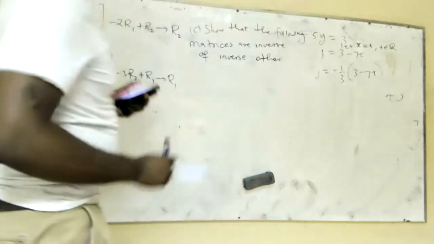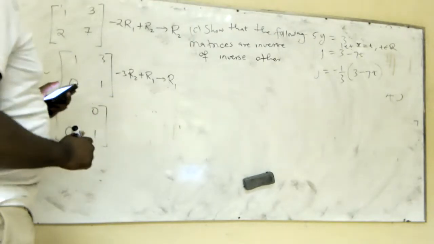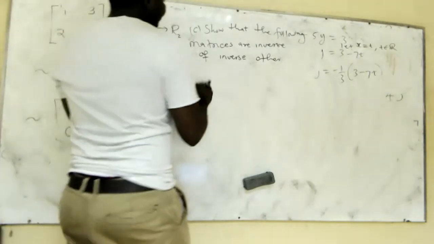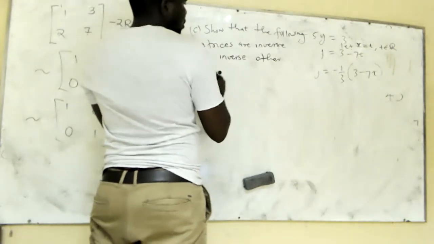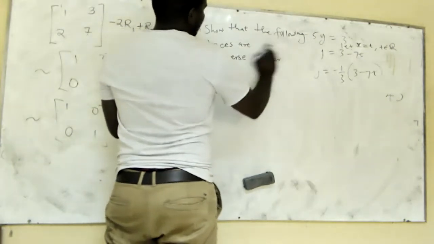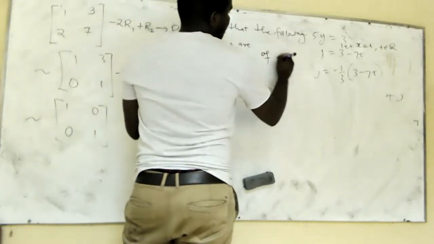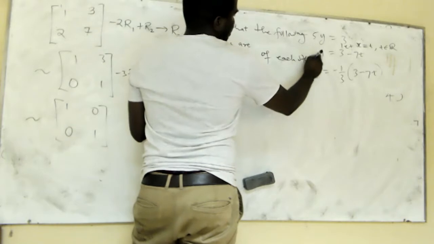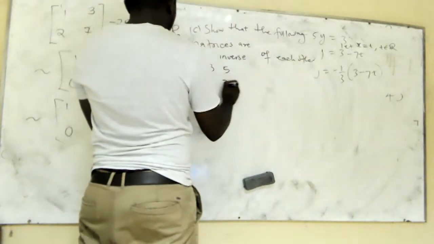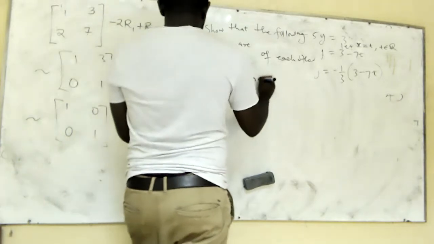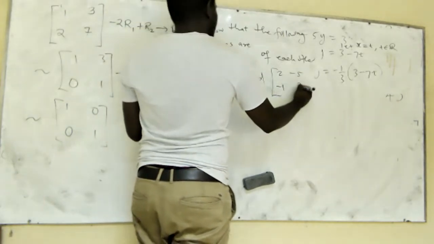So now we're going to do another interesting question here. It says show that the following matrices are inverse of each other. So we're given matrix 3, 5, 1, 2, and a matrix 2, -5, -1, 3.